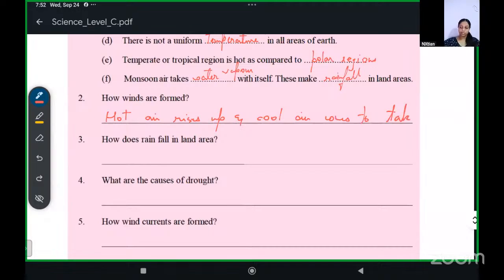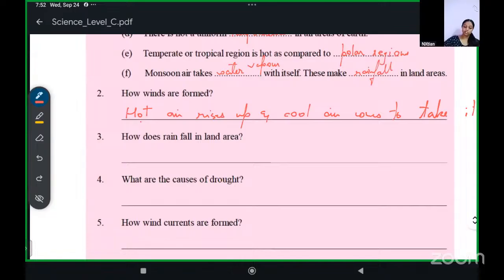Due to this movement of air, winds are formed.